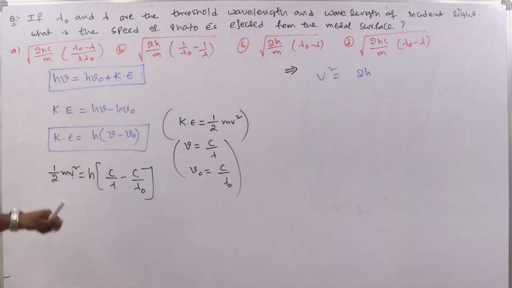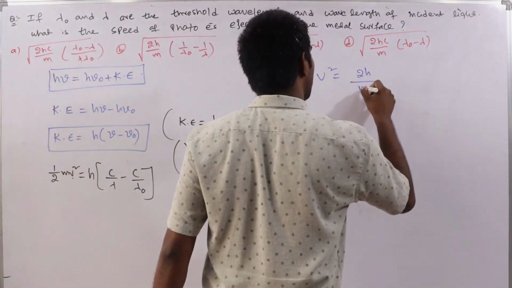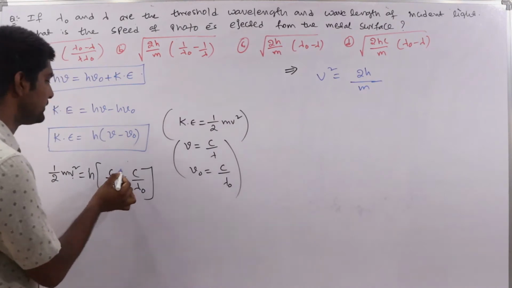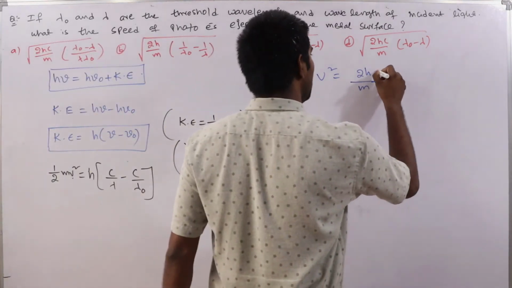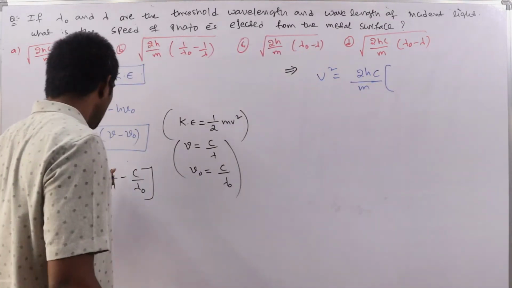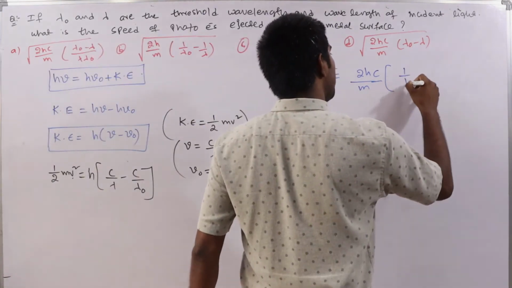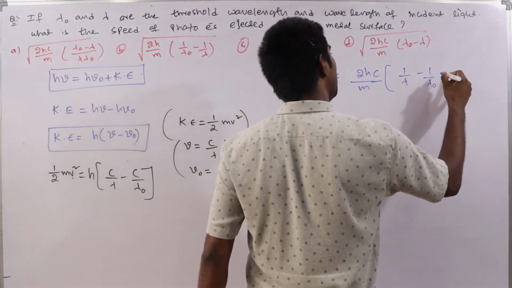And here m is present, that is 2h by m, and see here c is constant, take it out, 2hc into 1 by lambda minus 1 by lambda naught.